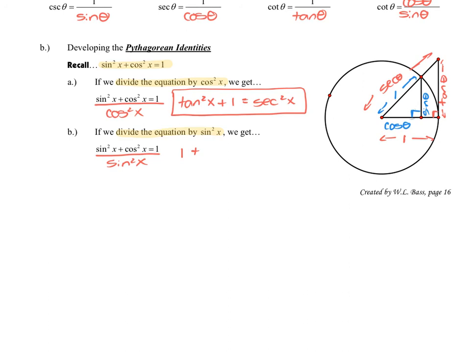Cosine over sine, moving on over, is going to be my cotangent squared x. And 1 over sine squared is going to be cosecant squared x. So these three equations are collectively called the Pythagorean identities, and you do need to be very comfortable with them, and you need to have these memorized.